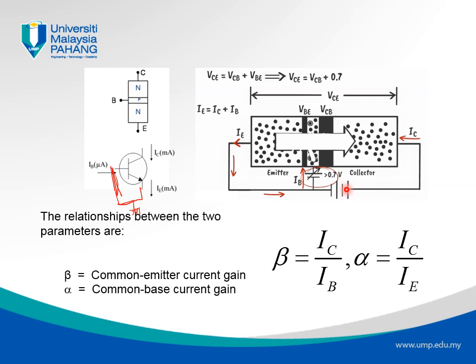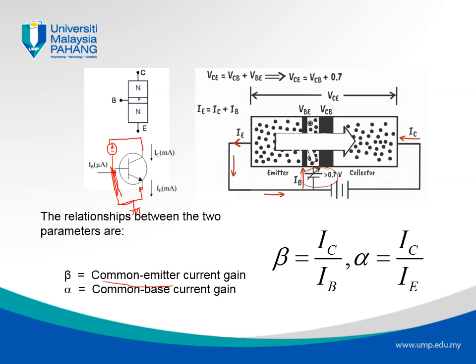There is a power supply between the collector and the base. So if I draw it over here, between the collector and the base we have a voltage supply, like this. So when the base and the emitter are directly connected, that's what we call common emitter.